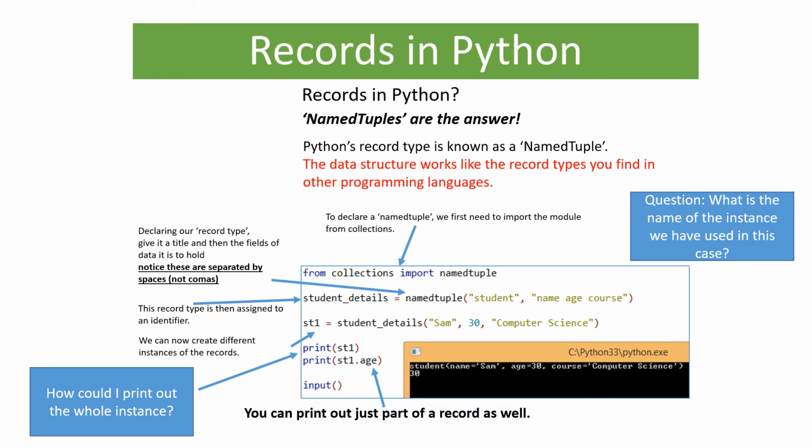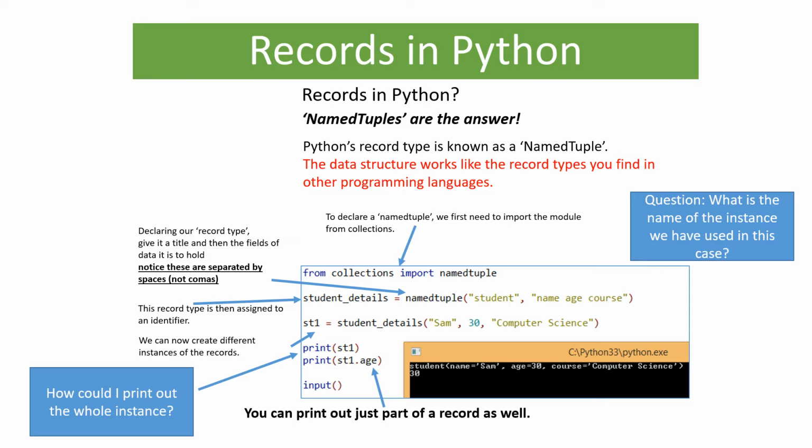Now, on the second line we start declaring what we call our record type, a named tuple. Now, a named tuple, and we're going to set a named tuple to be student, name, age and the course they're studying. And we're saving that as student details. So this is our type of data.